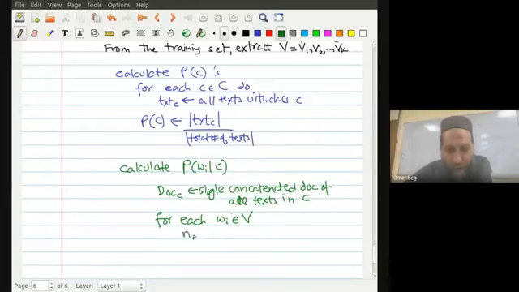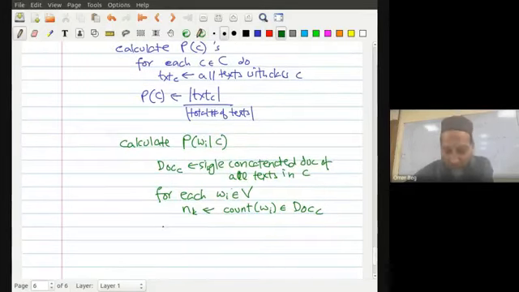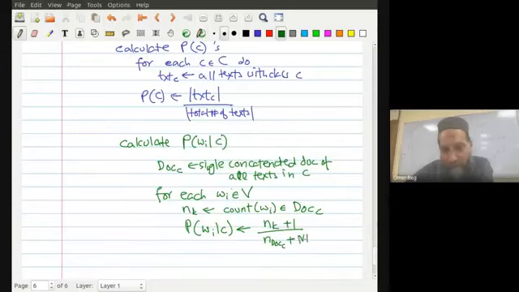We are going to count the number of instances of this word in document C. So we count the number of times this word wi appears in document C. And then, once this has been done for each word, we are going to calculate the probability of this word i for the class C by taking this count, adding a 1 to it, and dividing it by n, the number of words in doc C, plus the size of the vocabulary.